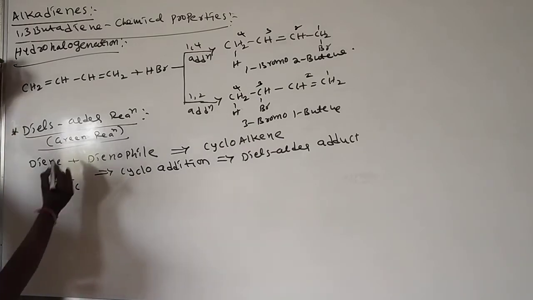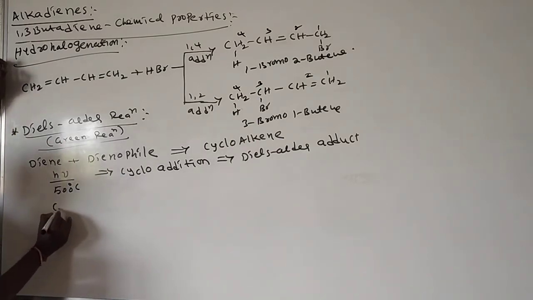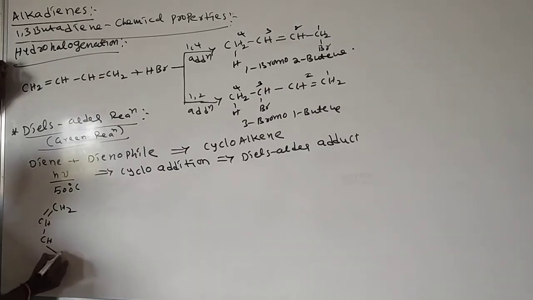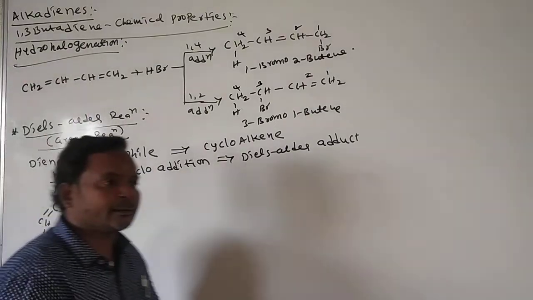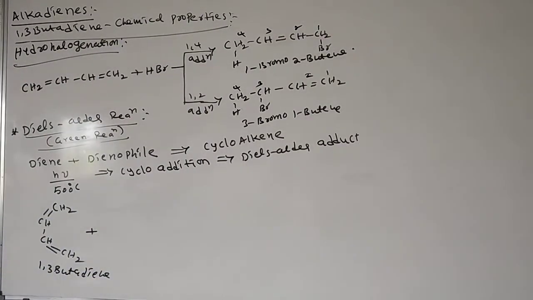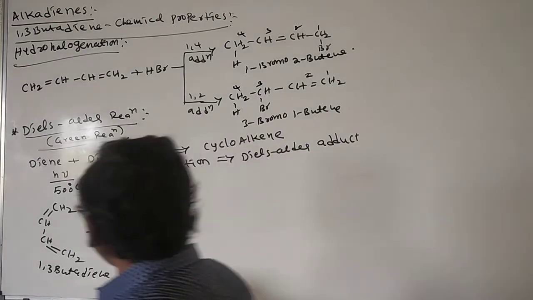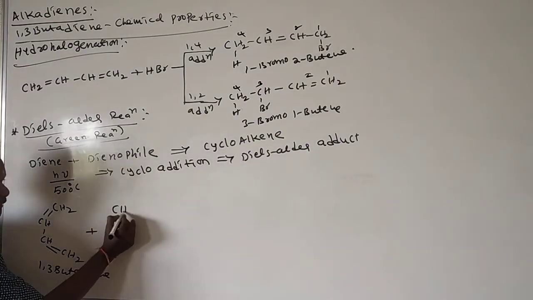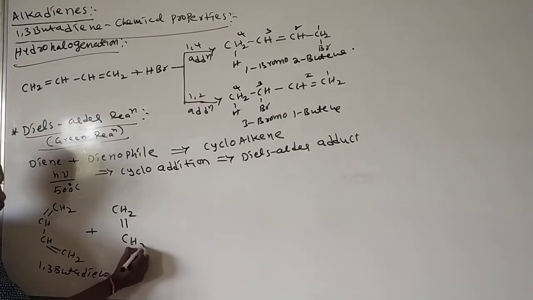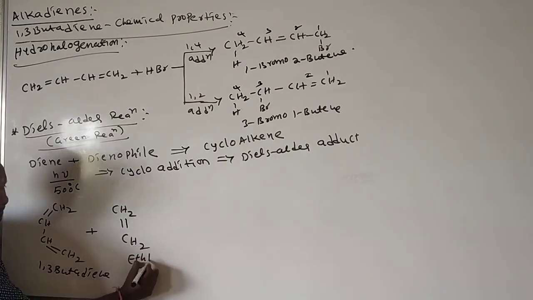See the reaction, first a simple reaction. I am taking 1,3-butadiene in a different format. This is 1,3-butadiene, addition with ethylene. This is ethylene, we call it the dienophile.